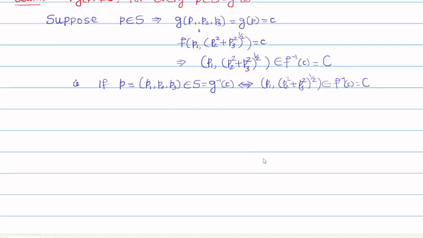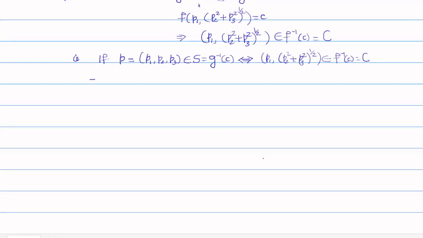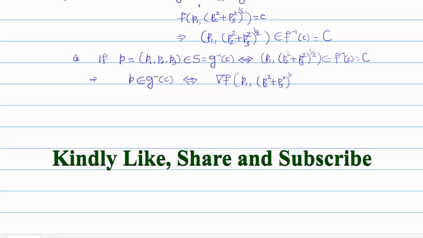சரி, அப்போ இதுல இருந்து என்ன தெரியும் அப்படின்னா, that implies P belongs to G inverse of C if and only if, எனக்கு என்ன தெரியும், இது C ல இருந்ததுன்னா that is del f of P1 comma P2 square plus P3 square the whole power 1 by 2, this fellow is not equal to the zero vector, okay, because it is assumed that C is a regular plane curve, one surface, and assume பண்ணதுனால I may have this. இது ரொம்ப முக்கியமான பாயிண்ட்.